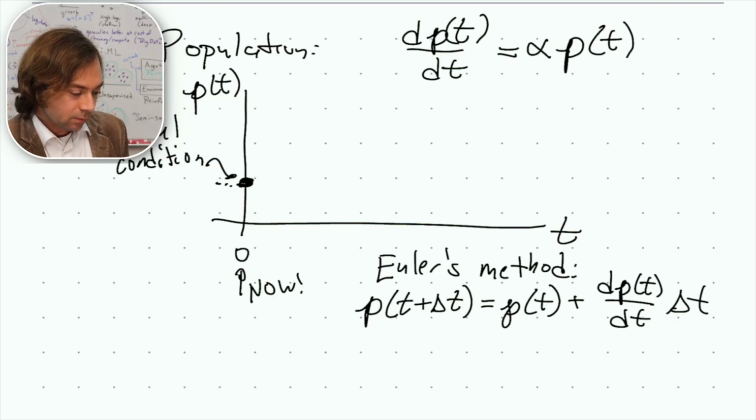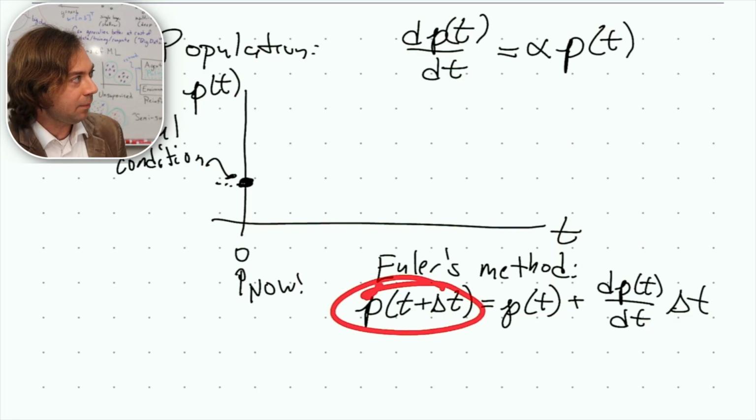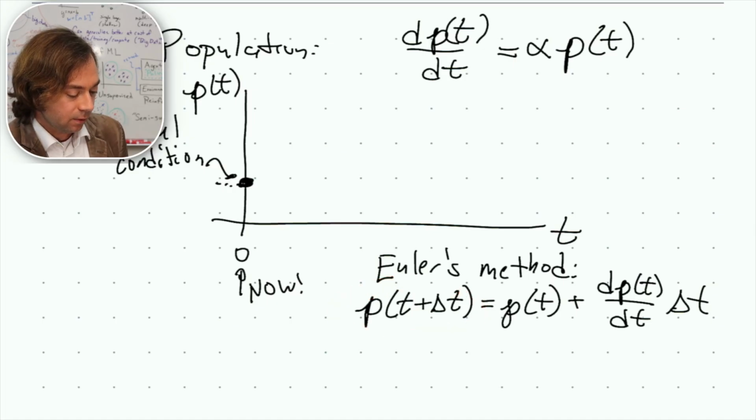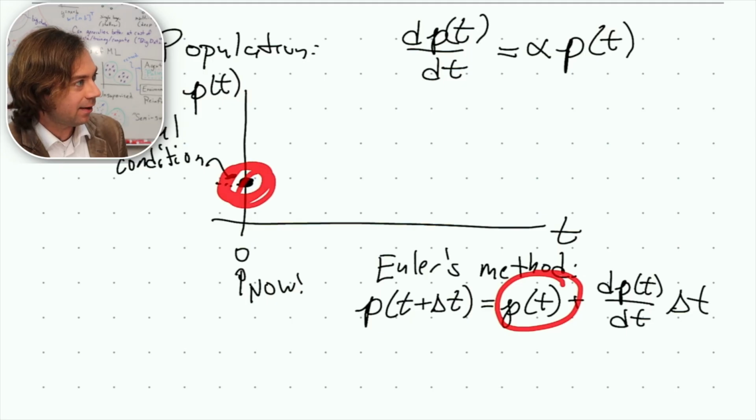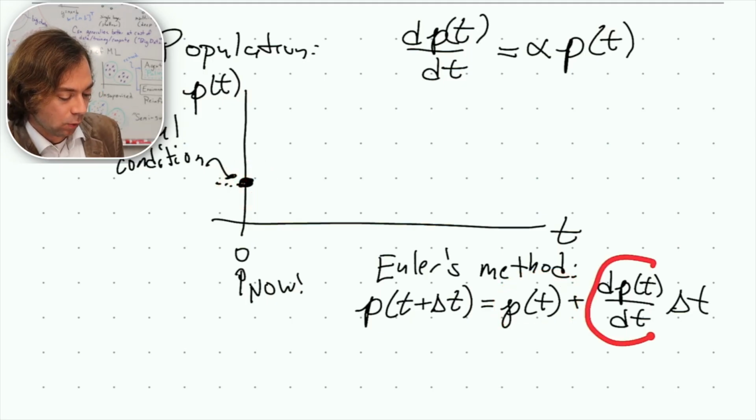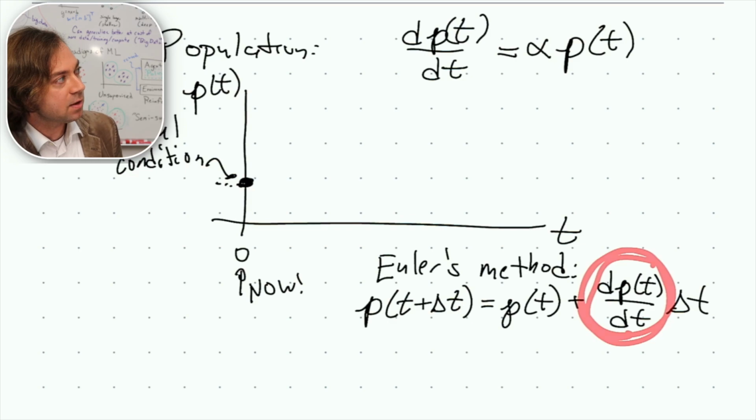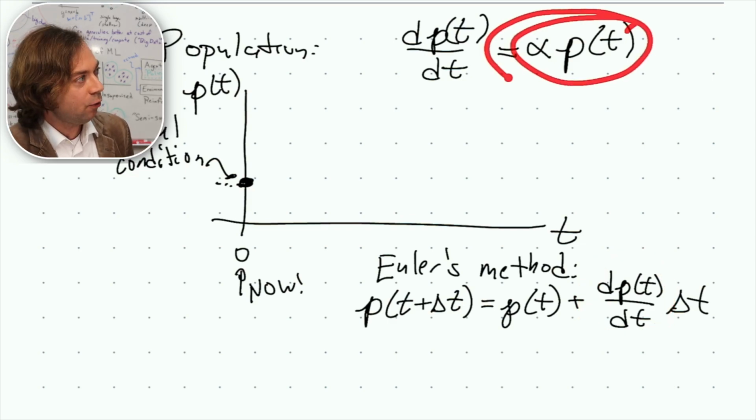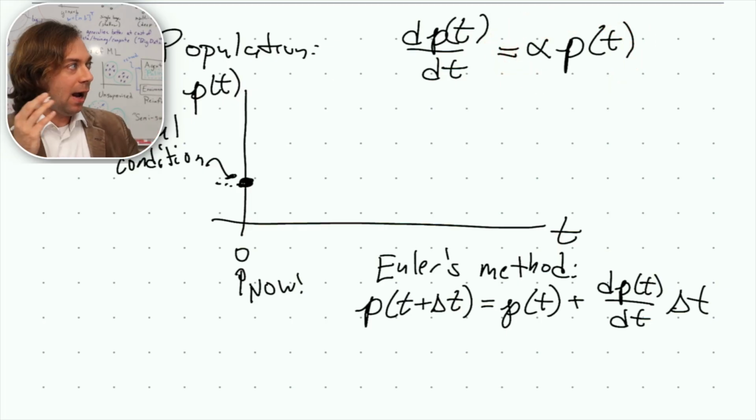So let's find out, after one small time step, what our population is going to be. Well, we know what our population is now. We said it's that, all right? And now we say, okay, well, what's the change over time? Well, we have this equation up here. It's this alpha P of t, right? Let's assume alpha is positive. This is a positive rate of growth.